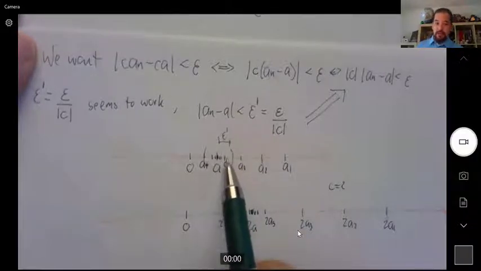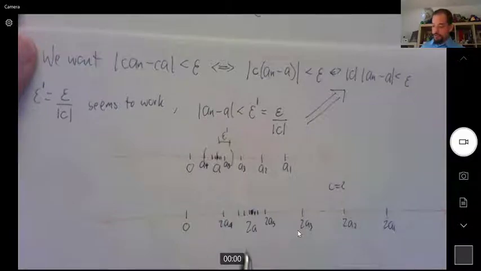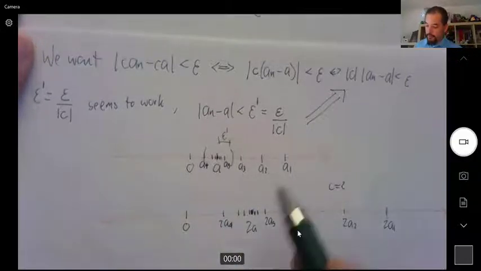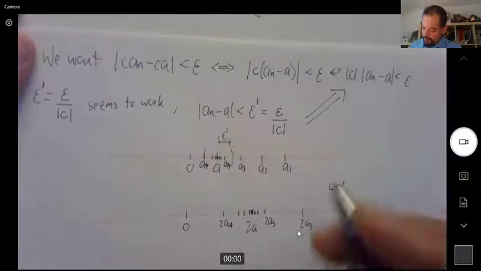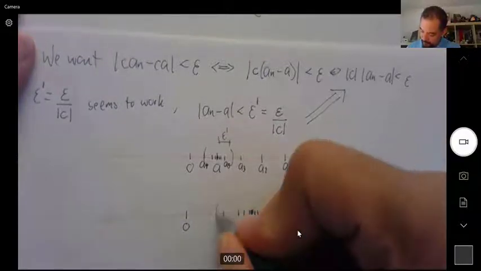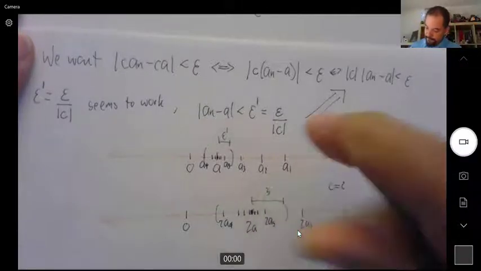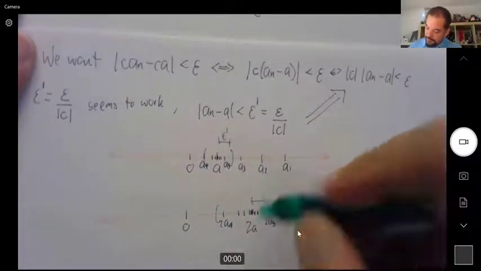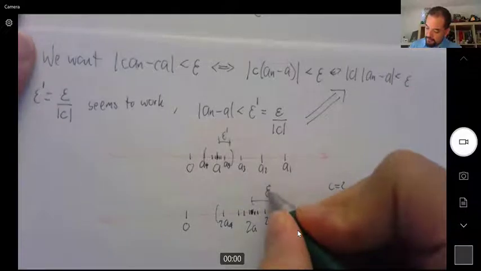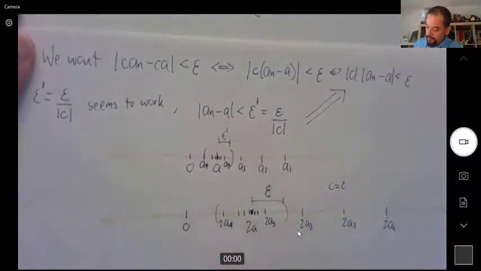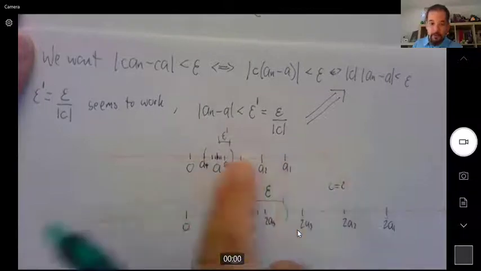Yes? And now the thing is how to use that information to do it for this one. And we just sort of discovered how. The way it's going to be is as follows. You pick an epsilon here, some epsilon around 2A, and you want to use that epsilon to have a corresponding statement over here.